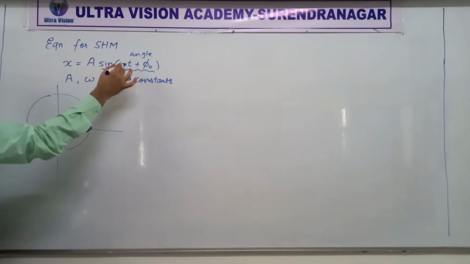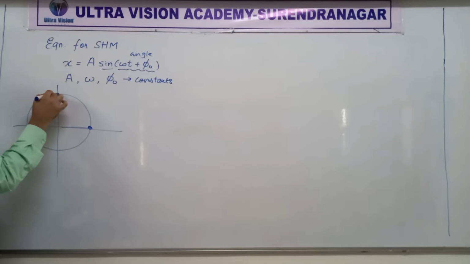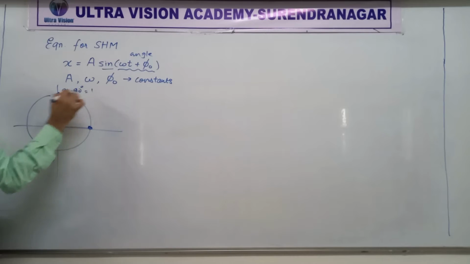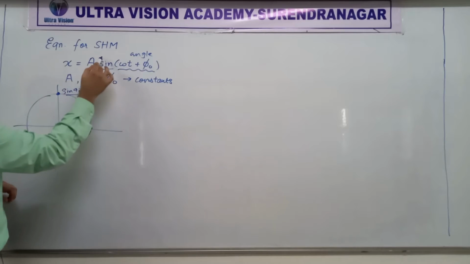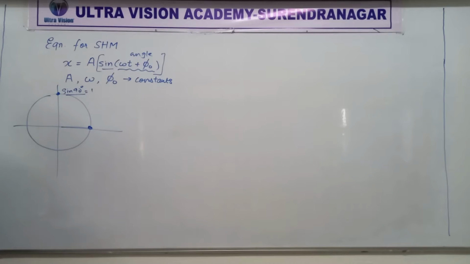But you know that if you put this angle to be something like pi by 2, 90 degree, that would mean the value of sine 90 over here at this point is 1. Okay? So in that case, if I put the value of this sine as 1, then I'll get x equal to plus a.